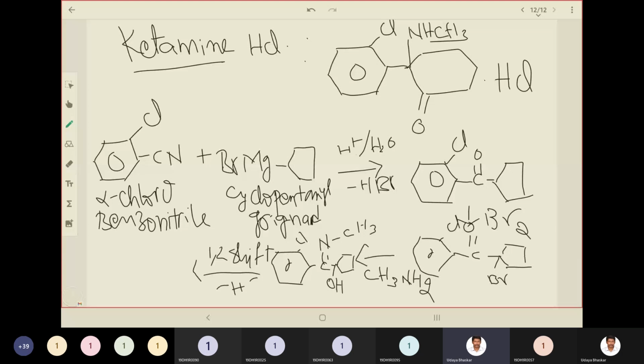This double bond shifts here, and that bond will be shifted, and the bond from cyclopentyl comes here. That means the ring expands to give ketamine hydrochloride. This OH will become C double bond O as the proton is lost. 1,2 shift.